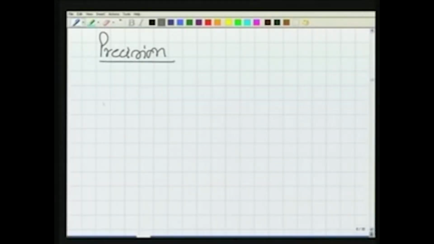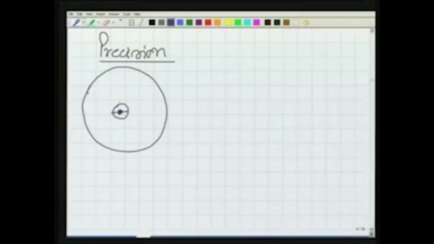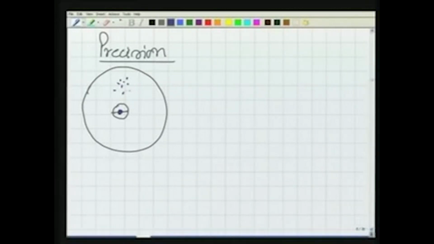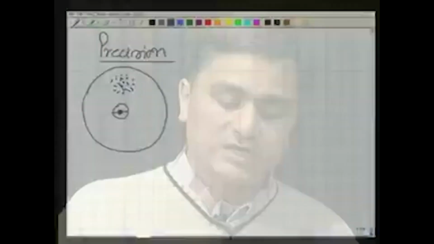Okay. Now we will discuss two more terms here. One term is called precision. What is the meaning of that? Again I am going back to our example of the target. That is the bullseye. You are trying to target the bullseye, but you are not able to do that. Precision means, let us say, when you are trying to target here, there are some systematic errors also working, and because of the systematic errors, most of your bullets are clubbed in this area.